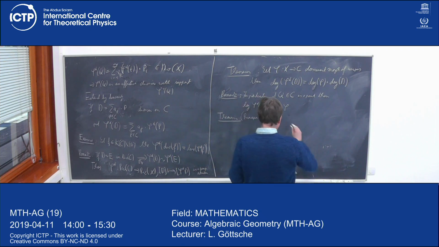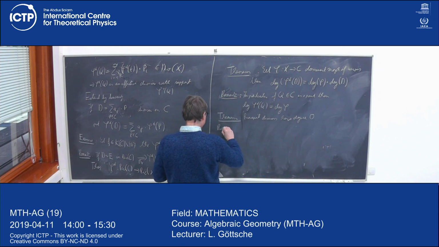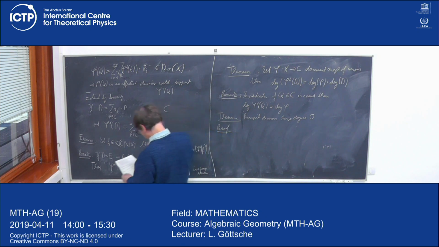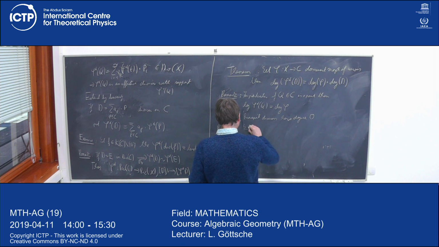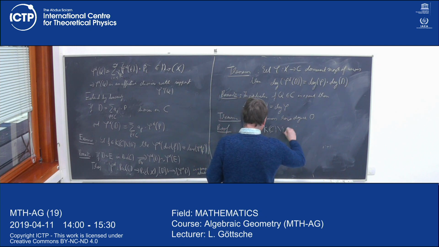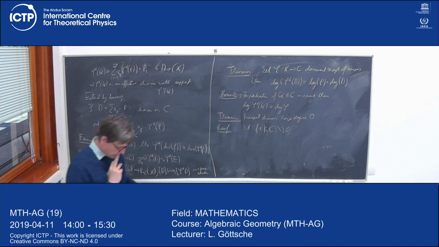So: principal divisors have degree 0. Proof. Let f be a rational function. Obviously, if you want the corresponding divisor, it must be a non-zero rational function.